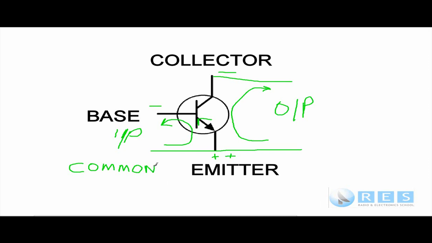There are others, we're not going to talk about them. Because the emitter is common to input and the emitter is common to output, that's a common emitter circuit. So the base is the input, the collector is the output, and the emitter is common to both input and output. That is called a common emitter circuit.